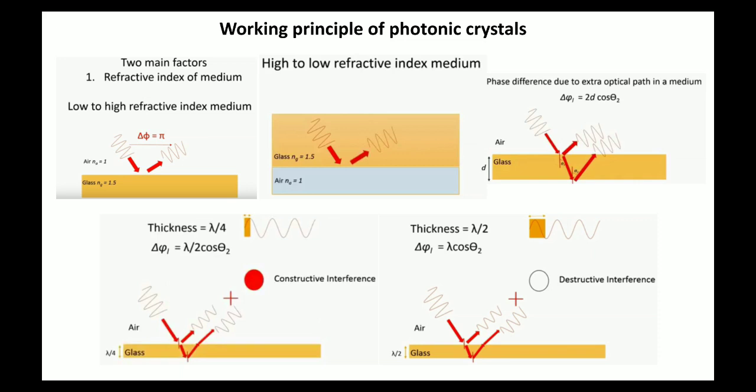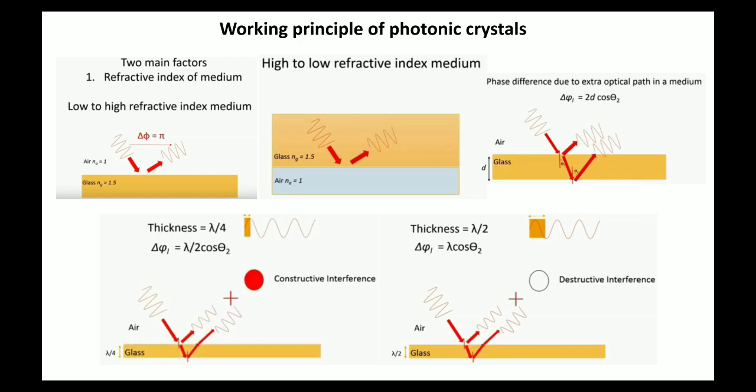In that case the path difference due to the extra optical path in the medium is represented by delta phi 1, and it is given by the equation delta phi 1 is equal to 2d cos theta 2, where theta is the angle of reflection and D is the thickness of the glass. So the path difference is 2d cos theta 2.